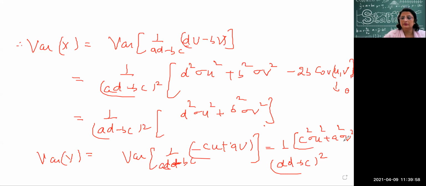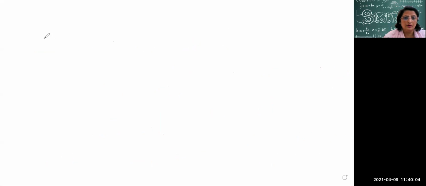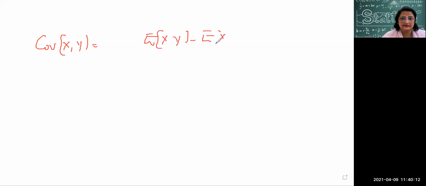So we have calculated the value of variance of x and variance of y. Now, what is covariance between x and y? The formula is expected of xy minus expected of x into expected of y. Of this, these two quantities are zero as per the given condition. So you will put the value here. What is the value of x?